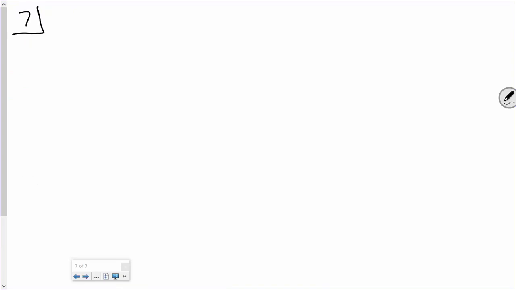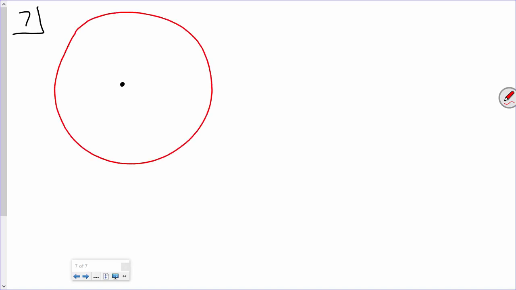So I'll do my best to draw this out. Here's the center. There's the flight path, right? Here's the plane. It's about the best you're going to get from me.